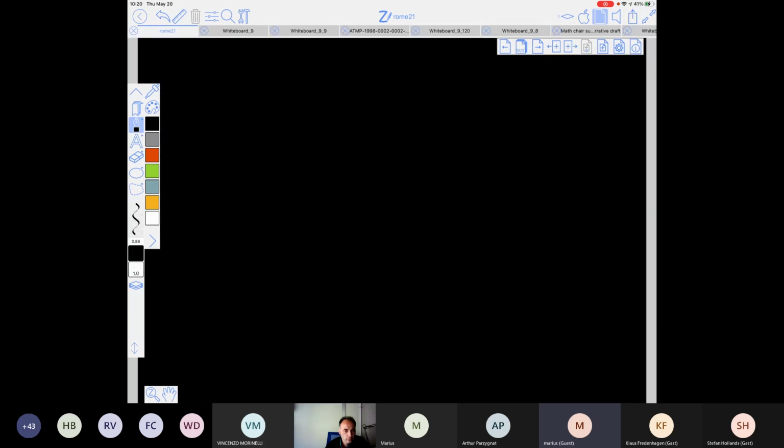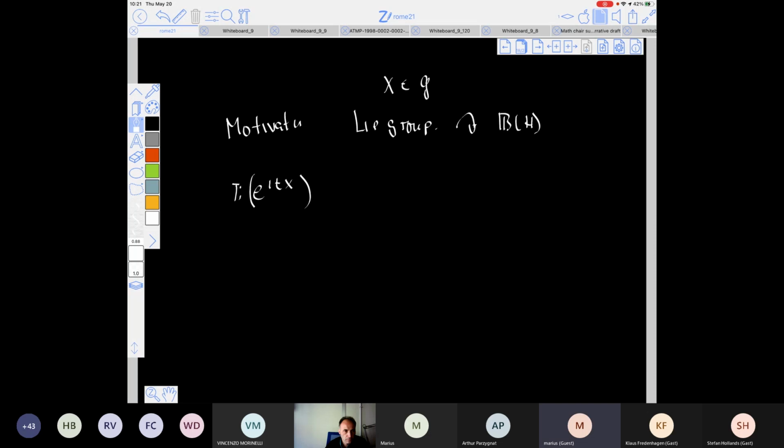So let me just give one motivation. You start with a Lie group, and this acts on some Hilbert space H. Then you take an element in the Lie algebra, and you look at the image under the one-parameter group.